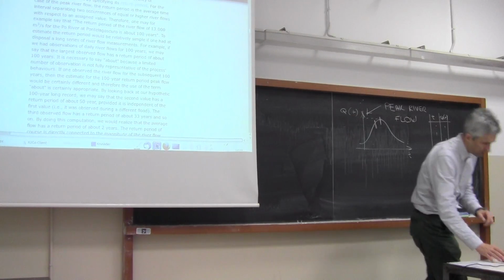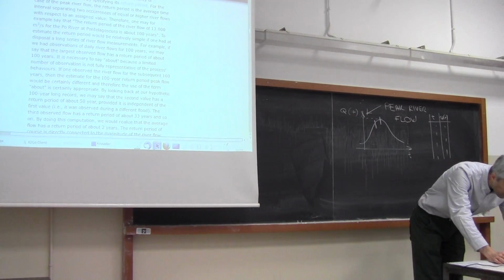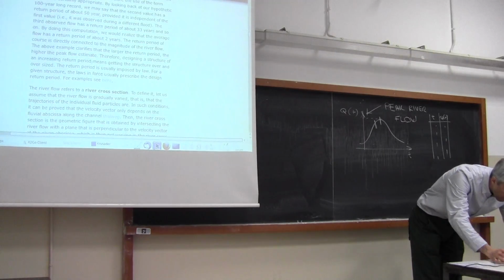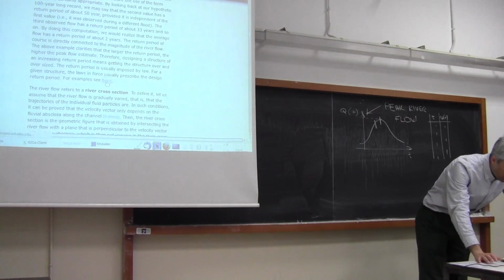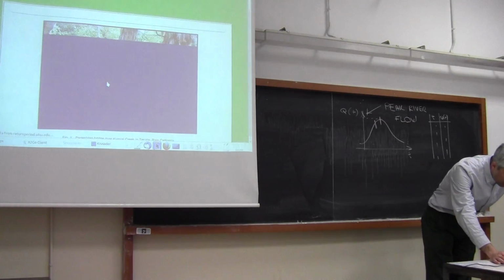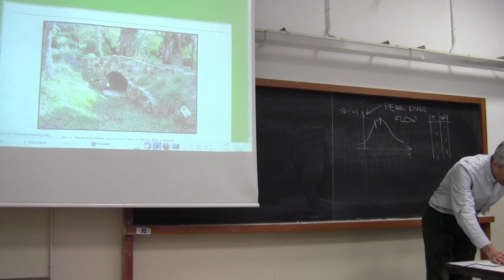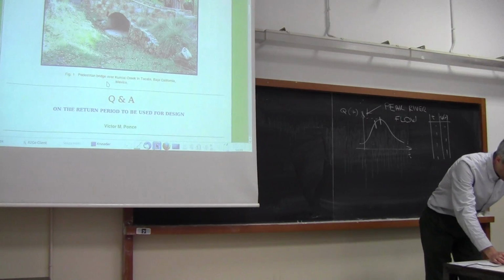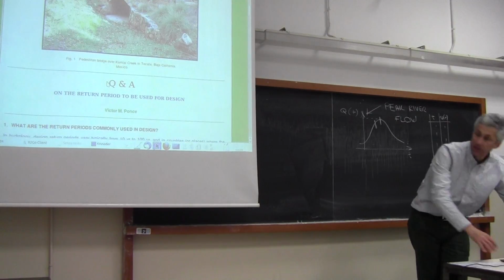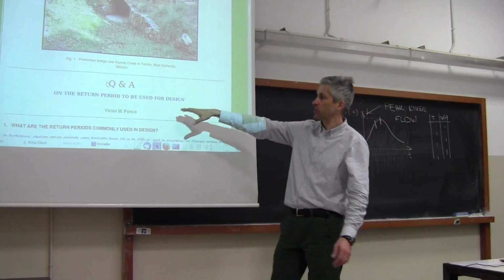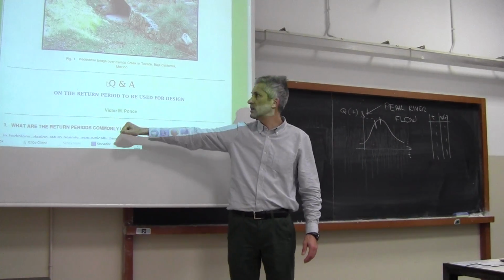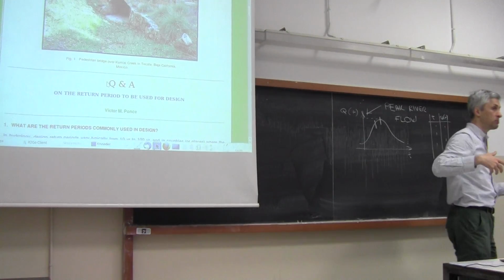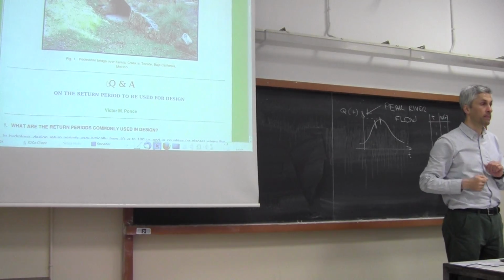And there is here a link which I found quite nice. It's not a Wikipedia link. This page is titled On the Return Period to be Used for Design. Victor Miguel Ponce is a very famous professor working in the United States now, and he delivered important contributions on open channel flow.